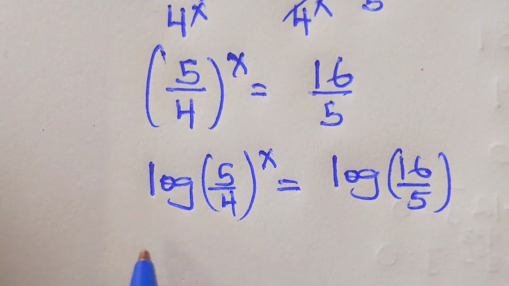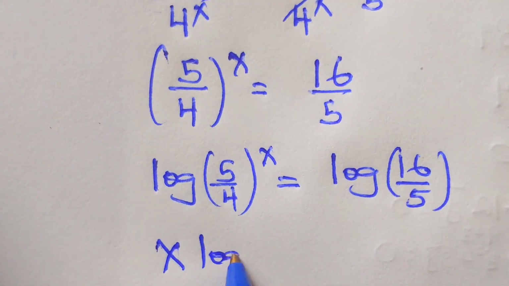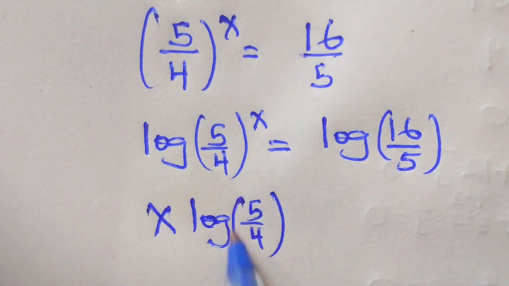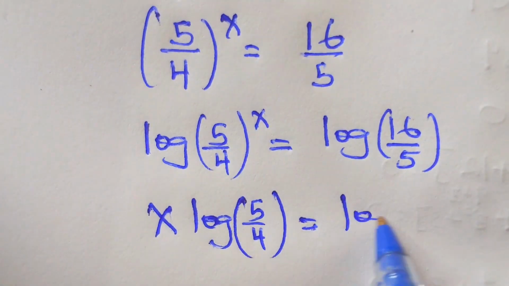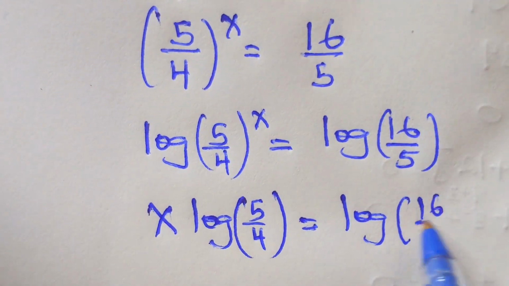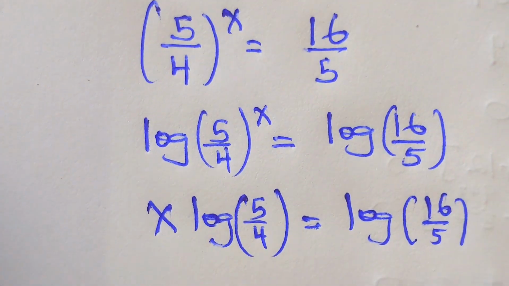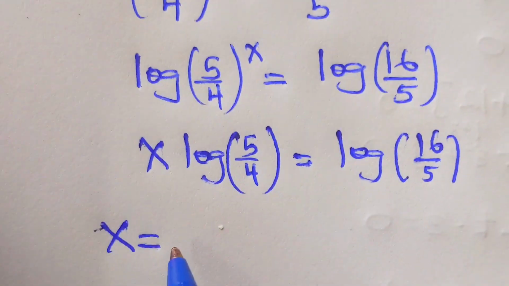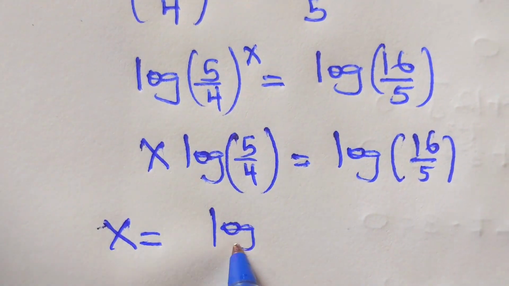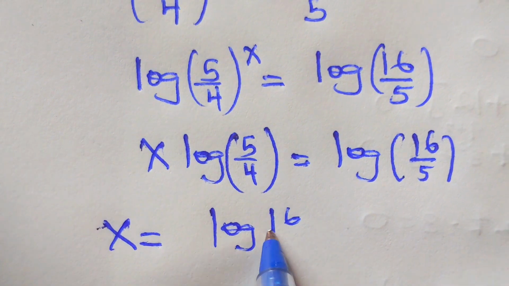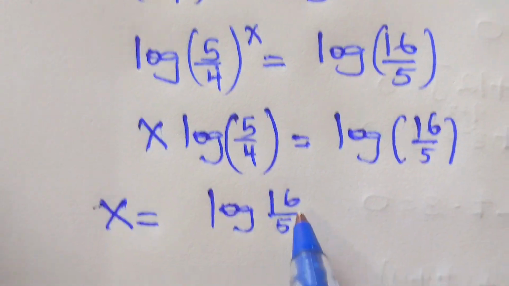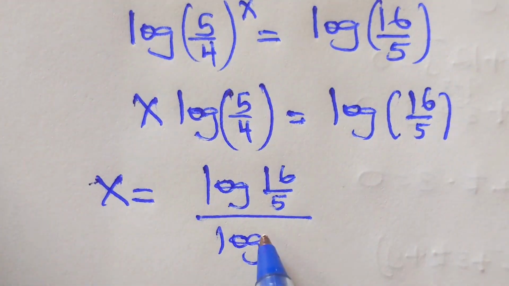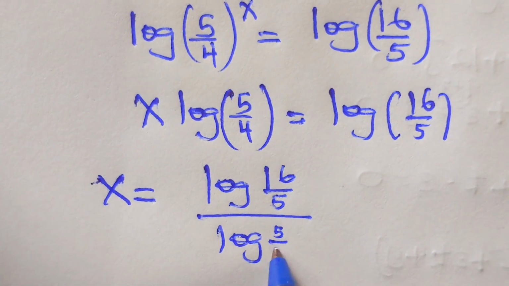And of course, this is x times logarithm of 5 over 4, which equals logarithm of 16 over 5. This can be written as x only will be logarithm of 16 over 5, divided by logarithm of 5 over 4.